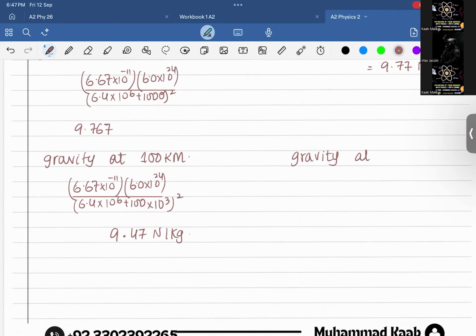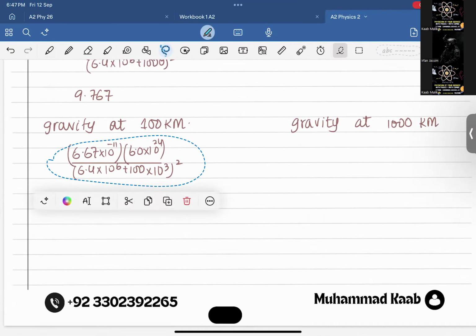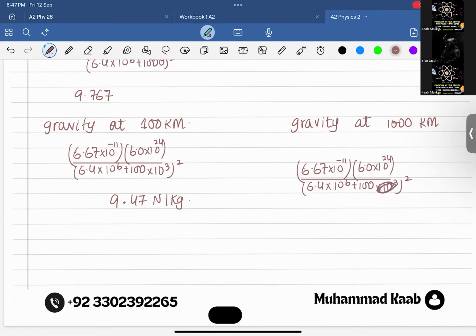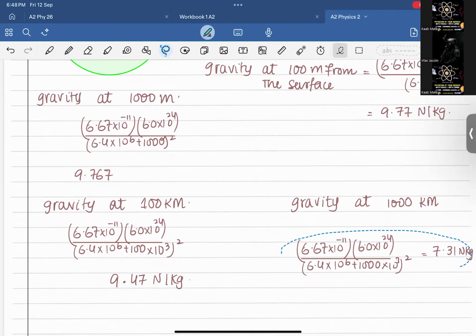The last one, gravity at 1,000 kilometers: you do the similar thing with 1,000 times 10 to the power 3, and it is just 7.31 newtons per kg. So this is how the value of gravity changes around the Earth.